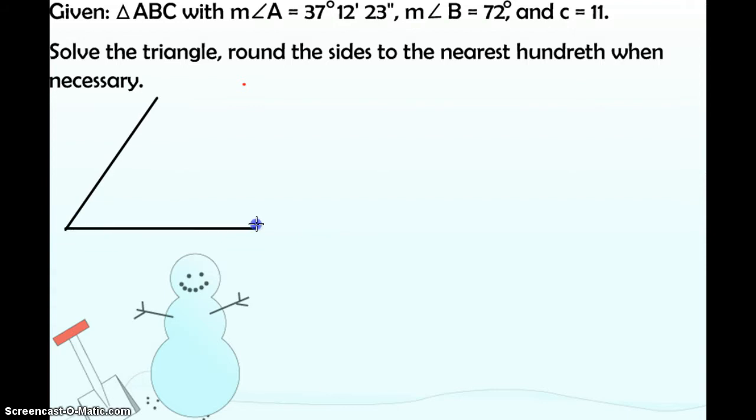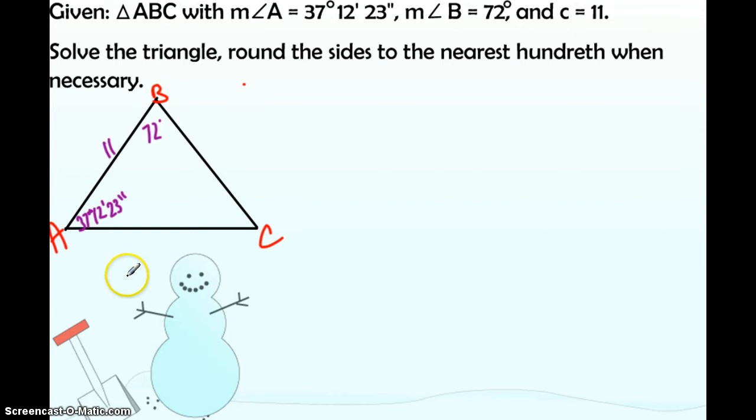So let's sketch out our triangle really quick. Put some labels on there. We've got A is 37 degrees, 12 minutes, and 23 seconds. B is 72 degrees, and little c is 11.